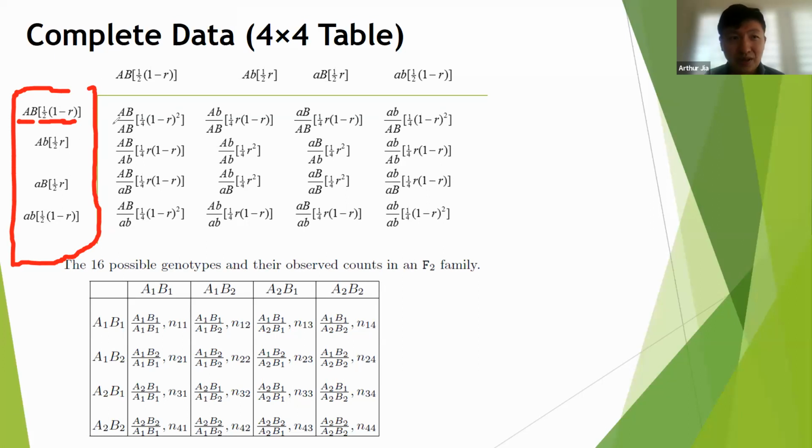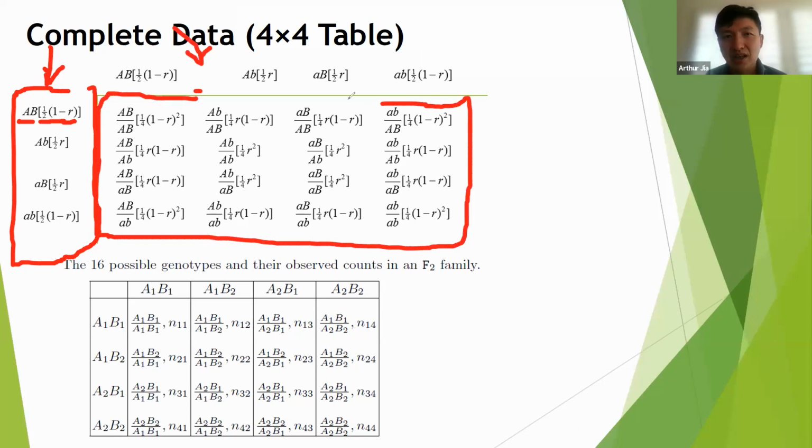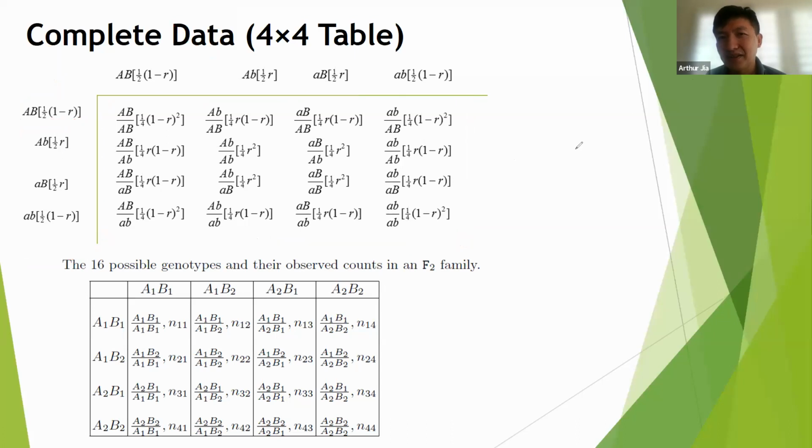You have to write the genotypes and the associated probabilities, the same for the other parent, and also give me the possible progeny from this cross and their associated probabilities. This is the key thing we need to pay attention to. Any questions?